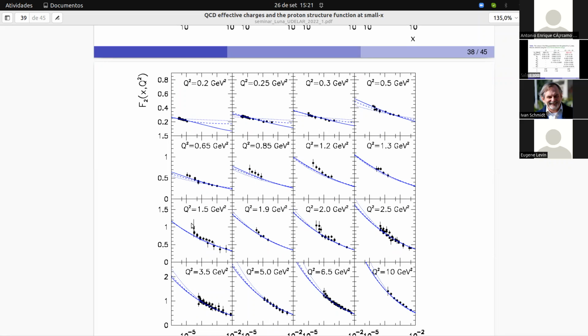Because you have to introduce two more here and two more there. The total is 250 data, including all the data, the perturbative region and the non-perturbative region.